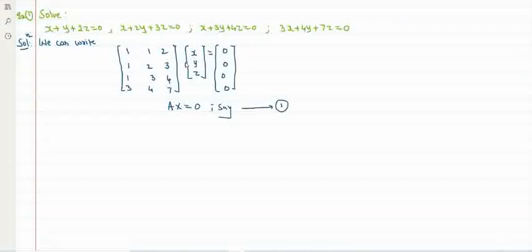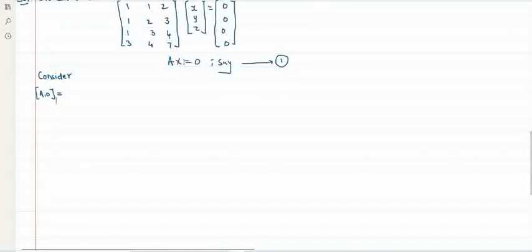Now same procedure. Consider the augmented matrix, which is denoted by A comma 0. How to obtain the augmented matrix?